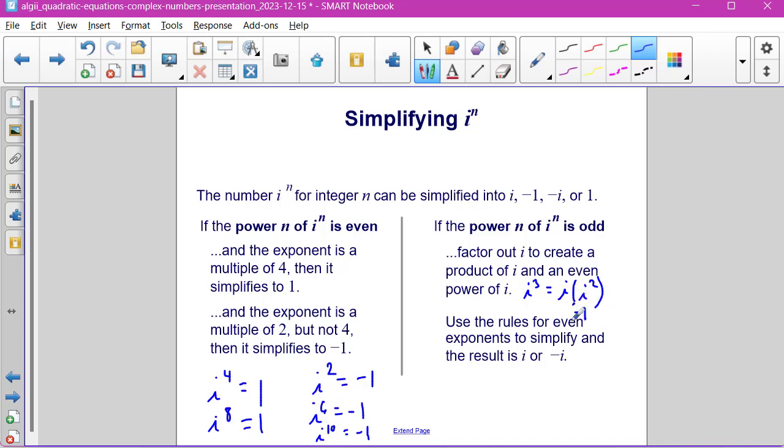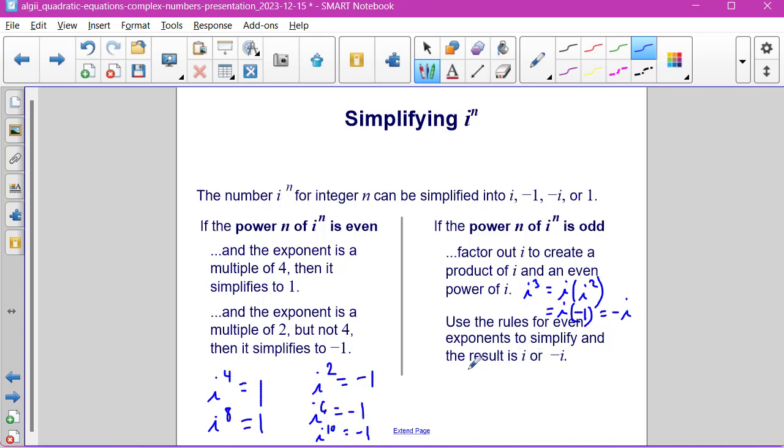Then you would use the properties of i raised to different exponents to evaluate, and this became -i. So once you factor out an i to give you another i raised to an even exponent, you can then backtrack to the even exponents in order to figure out whether the result is +i or -i.